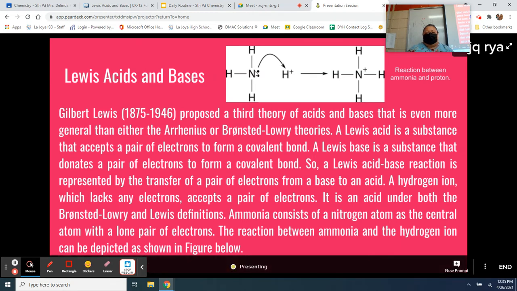Okay, so we're talking about this picture up here at the very top. We can see that nitrogen is the only compound or the only element that has electrons to share. He's going to offer them to hydrogen, and all of a sudden, you're going to form that covalent bond between nitrogen and hydrogen.